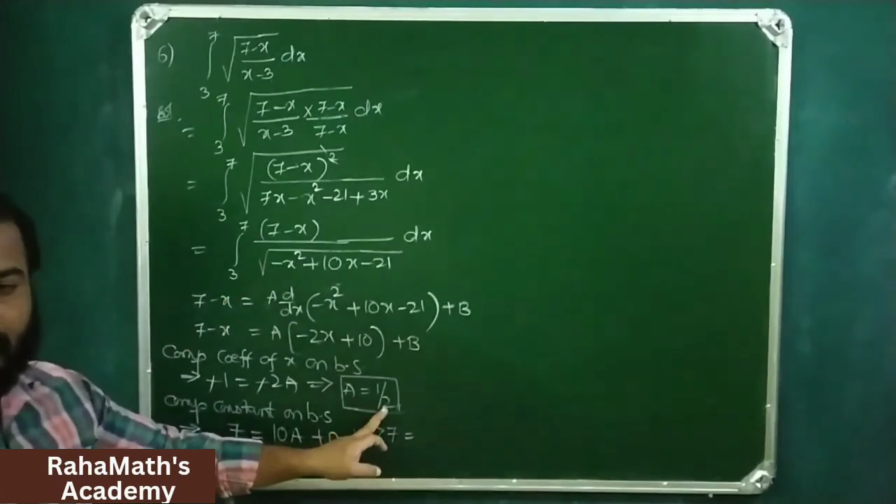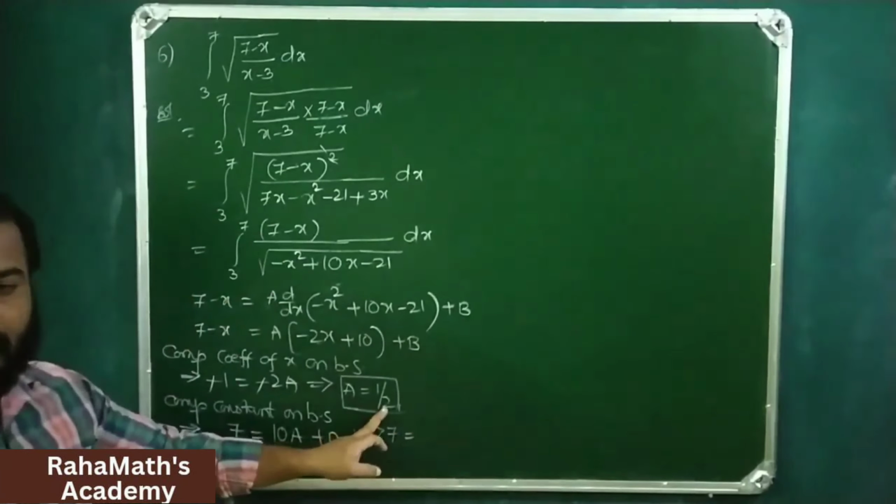Point number 1, the x square coefficient should be 1. So luckily here the x square coefficient is 1 only. If 2x square is there, 2 is to be taken common and we have to proceed. So minus, if I take common, then x square minus 10x plus 21 dx.